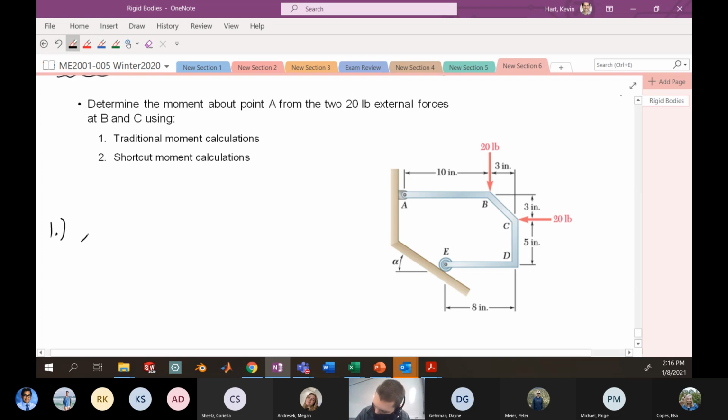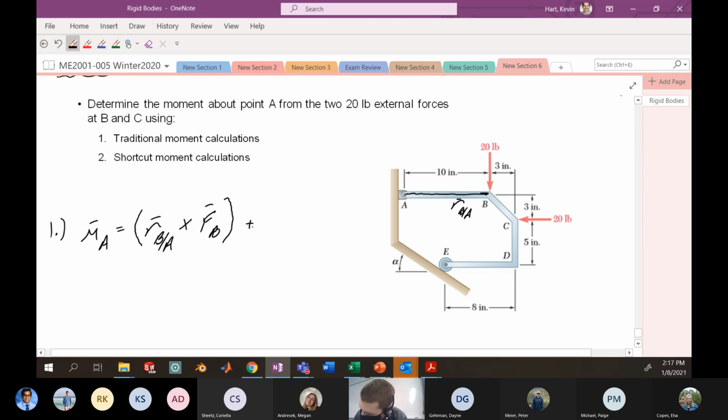So our moment at point A is going to be, with traditional calculations, the moment from this first force, that would be the position vector arriving at B from A, crossed with the force at B. That is the contribution from that guy there, where the position vector r_BA is this position vector here, arriving at B from A.